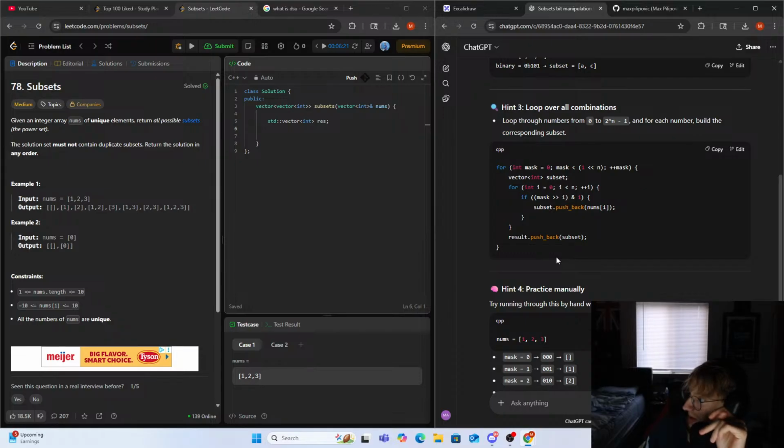Which is how many subsets are in any given set, and is the length of the set. 1 bit shifts left. Array 1.